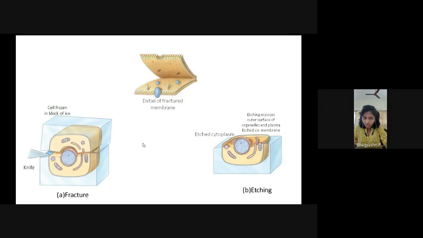Now this etched part of the cut open cell is mounted on a wire grid. On an optical microscope you have a plain glass slide on which you mount your sample. In electron microscopy you have a wire grid, so that electrons can travel directly through the sample.